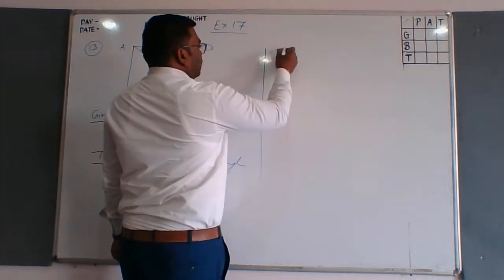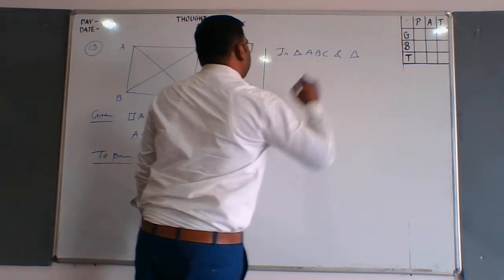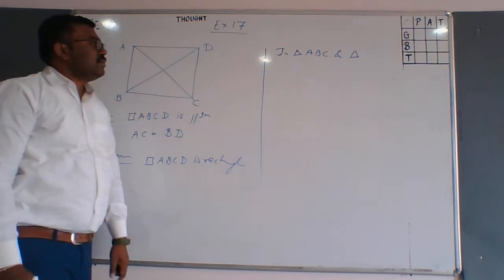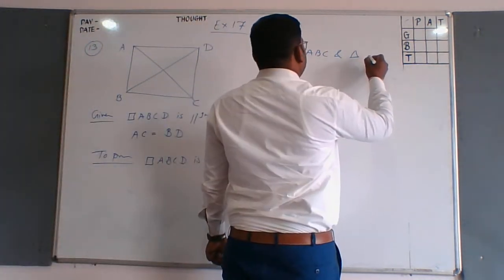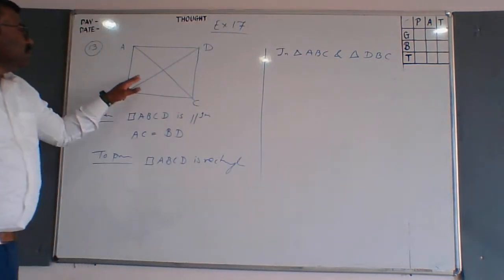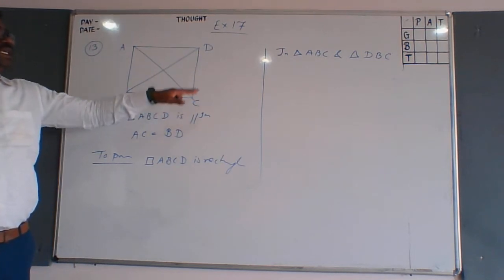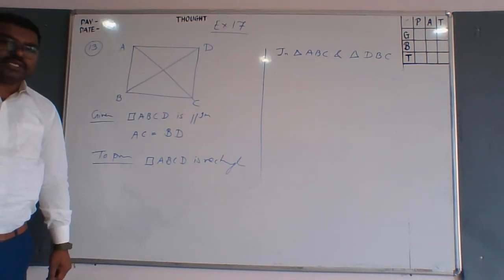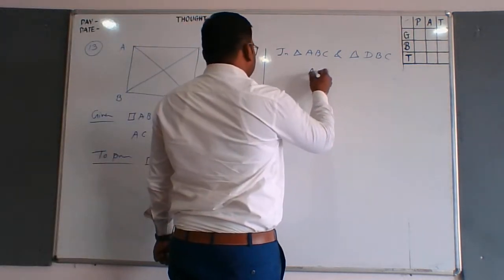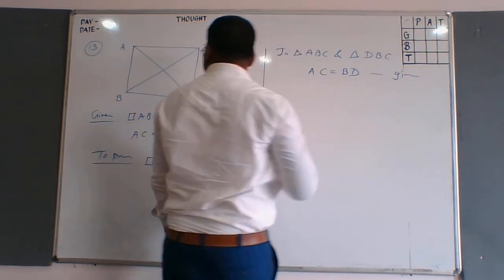So to show this, we are going to take triangle ABC and triangle DCB. These two triangles we are going to take. Already in the question it is given that AC equals BD.